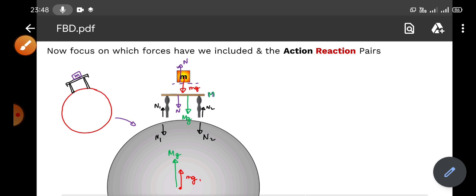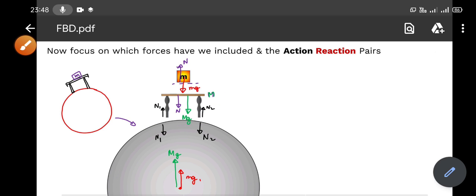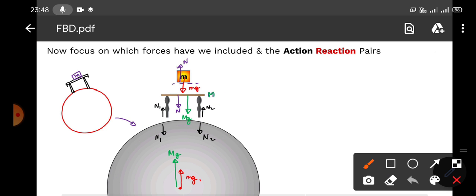And again, since the earth is attracting the table with mg force, the table is also attracting the earth with mg force. These two are action-reaction pairs. And N1 and N1 are action-reaction pairs, and N2 and N2 are action-reaction pairs.